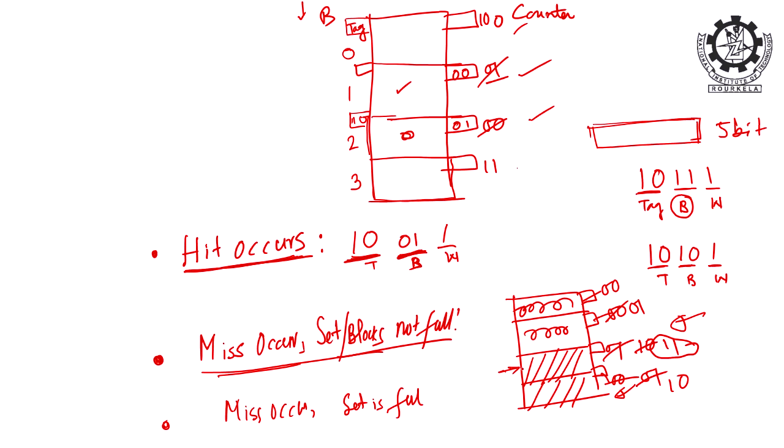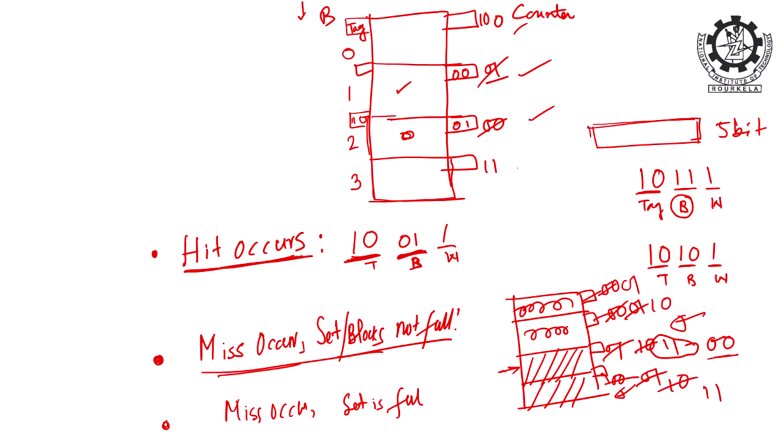Then this content will be written back and the new block will come here. Now, this counter will change to 0 0, and all other values are lower, obviously you target the oldest page. So, this becomes 0 0 and all counter values are incremented by 1. This 0 0 will be 0 1, this will be 1 0, this will be 1 1.